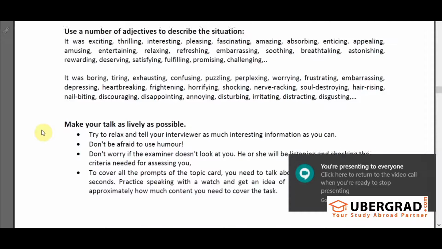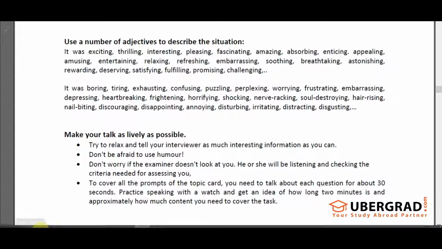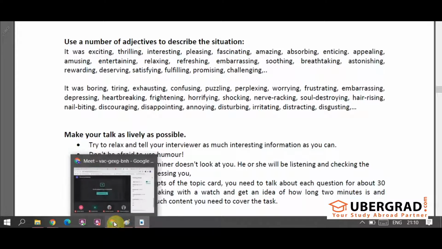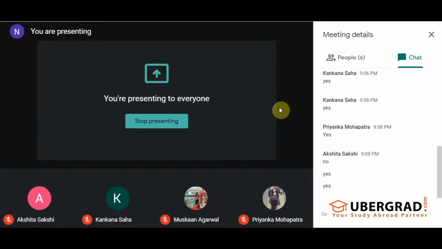Now, use a number of adjectives to define the situation. Why should we use adjectives? First of all, if we are talking about a noun, the words that are used to define a noun or to describe the property of a noun are known as adjectives. And what are the words that we use to describe an action?